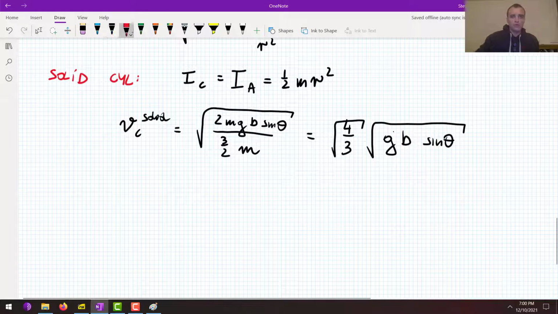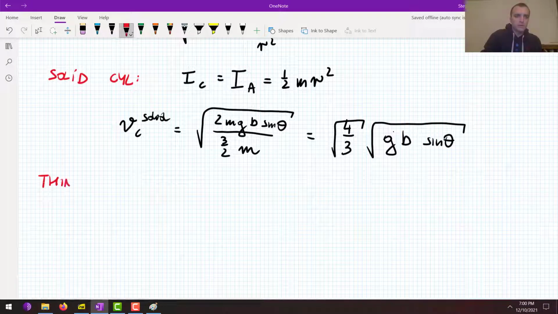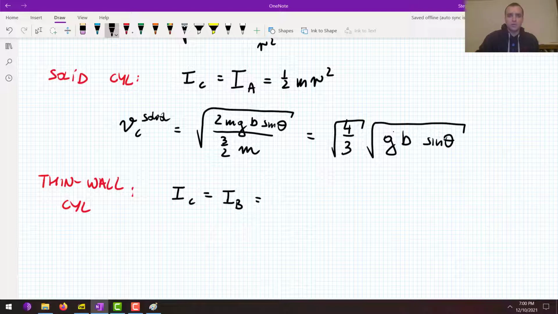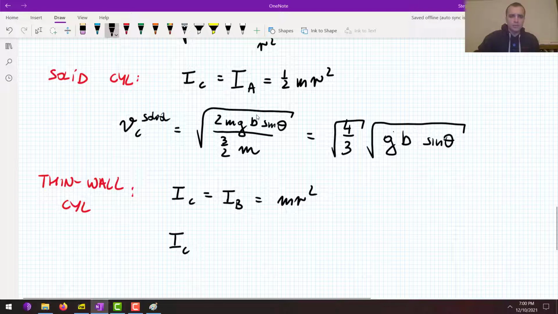Now for the thin wall, we know that IC is equal to IB, which is equal to mr squared. Oh, sorry.